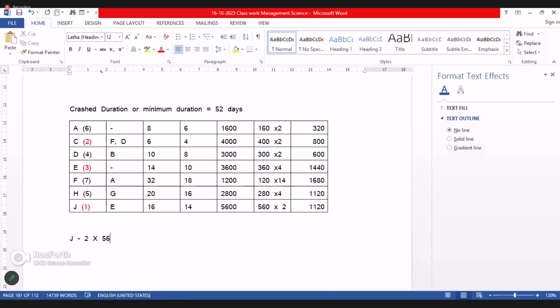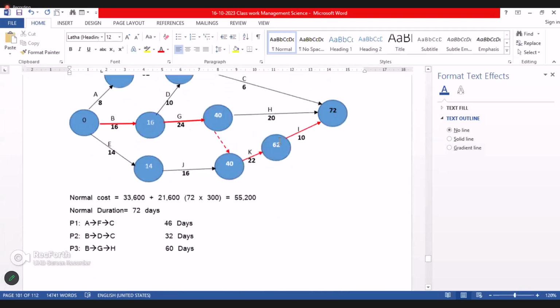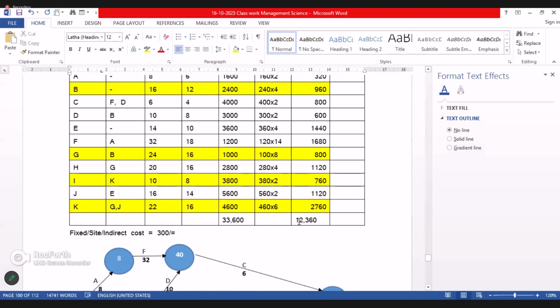How much? 1,120. We can eliminate from this additional increase of 12,360.